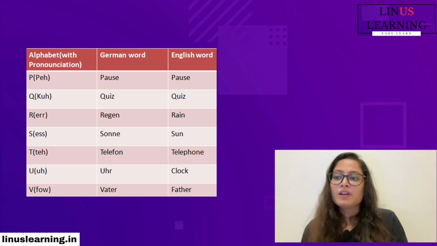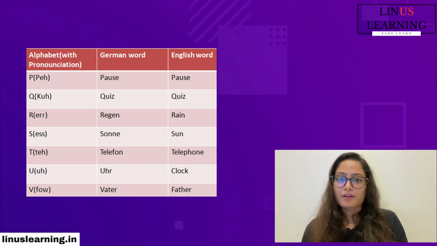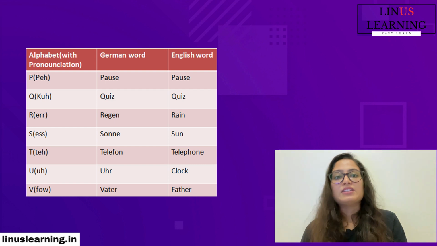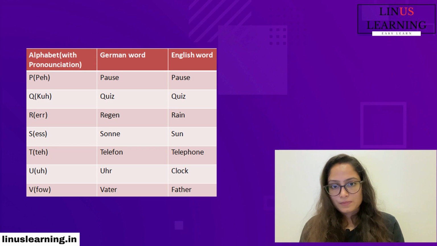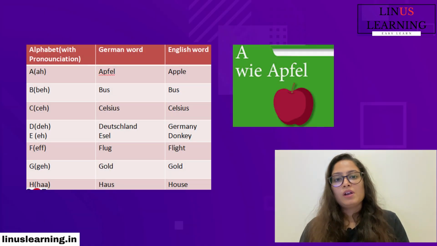Then R is pronounced as R, like we say error in English, so that R is R. Okay, S is S, then T is T. Ku, R, S, T. Once again, Q, R, S, T.